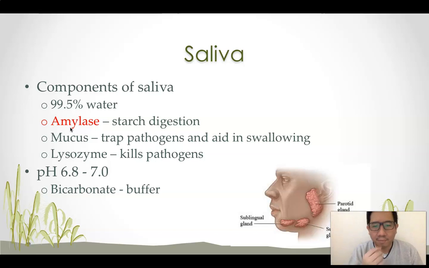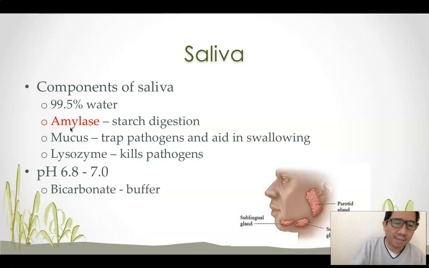Okay, mucus. Anytime you have mucus, it is to trap pathogens so they can come out. Like when you have a cold, you use mucus to trap those viruses or bacteria, so you can blow it out or cough it out. Lysozyme, like Lysol, kills pathogens. Lysol kills bacteria.